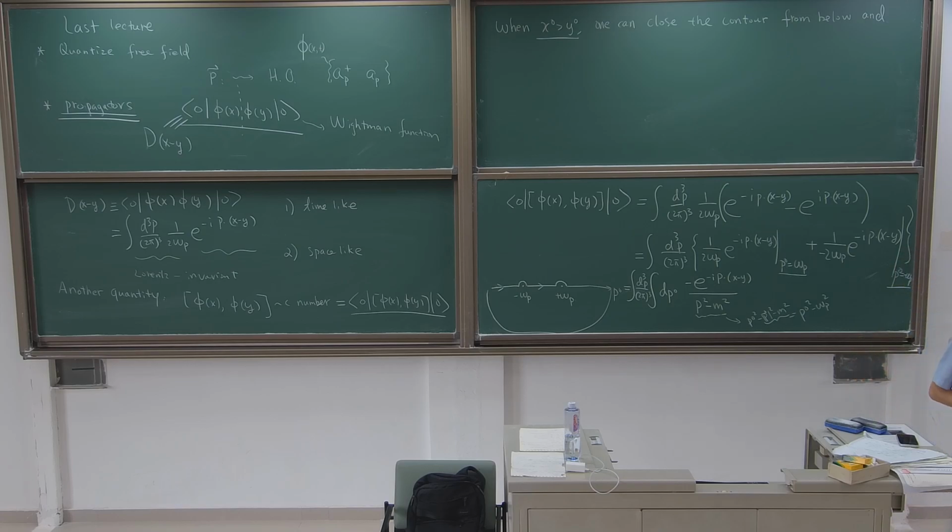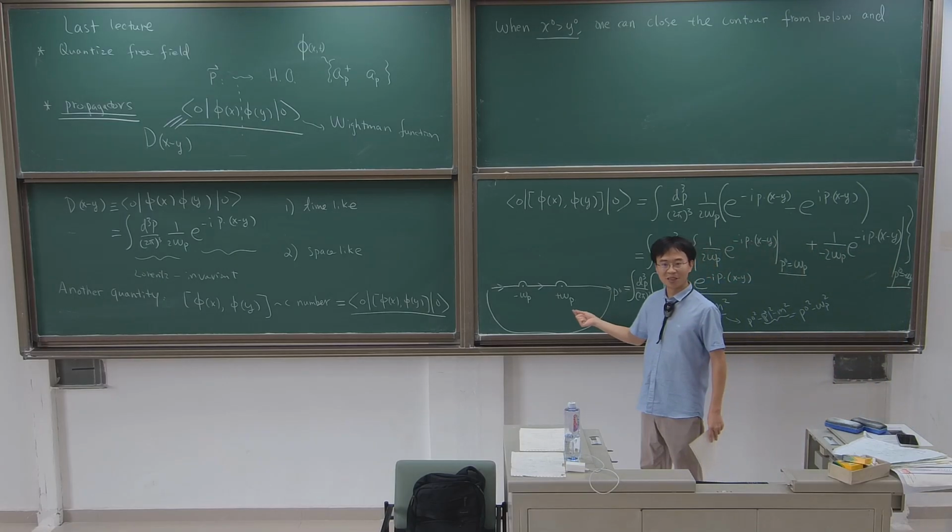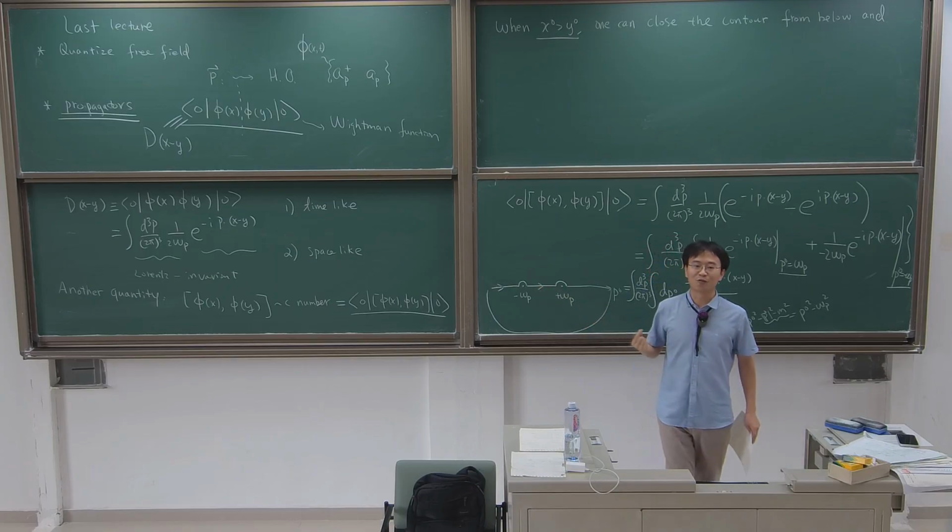But from what you learned in the second year undergraduate course, you can close the contour only provided the integrand decays in the far region. Then you can safely prove the associated contour integral theorem, meaning that you can simply pick up the contribution from the residues.